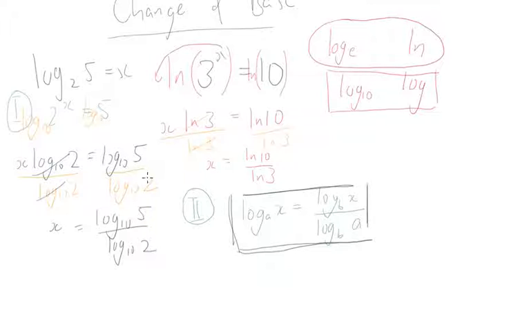The change of base formula, if you have this question here, you would be able to say, well, it's going to get confusing with the x's everywhere, but just taking that side there, you can say that log base 2 of 5 equals log base 10 of 5 on log base 10 of 2.